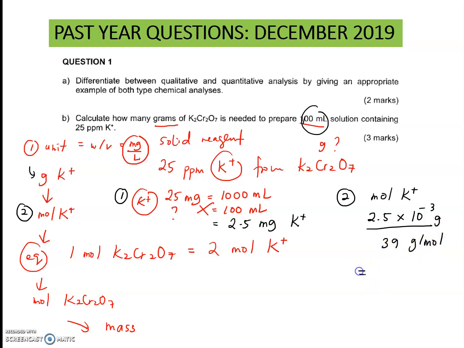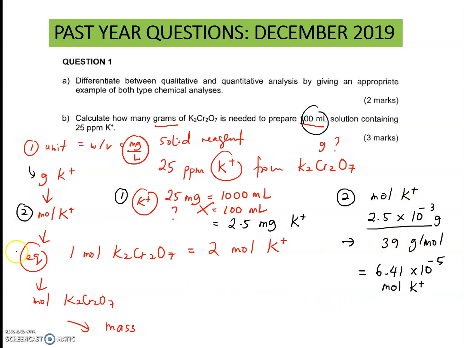So you will get 6.41 exponent -5 mole potassium. Okay, don't make a mistake, usually students make a mistake here. Here you find mole potassium ion: mass of potassium ion divided by atomic weight of potassium.